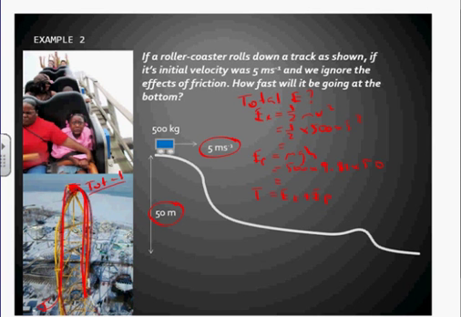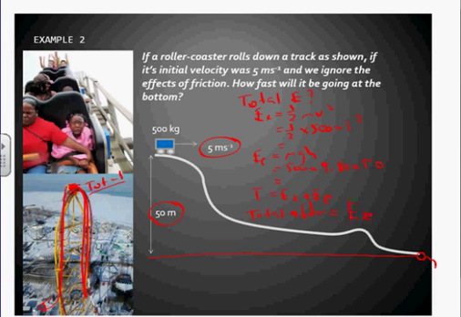Now, when it gets to the bottom, it's at 0 meters, so all of its potential energy is converted to kinetic energy. So the total afterwards is all kinetic energy.